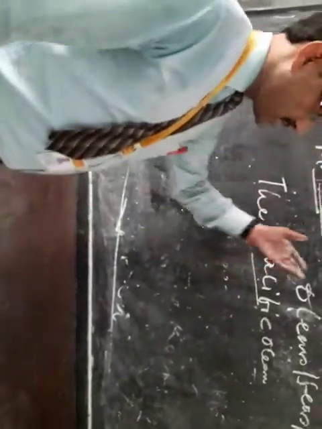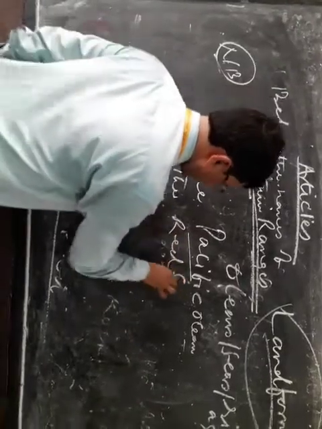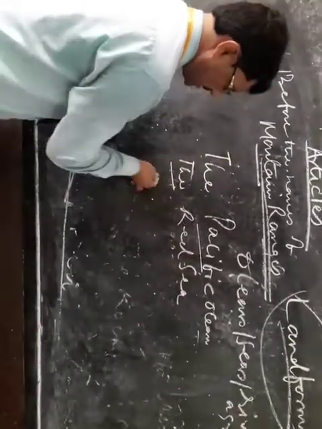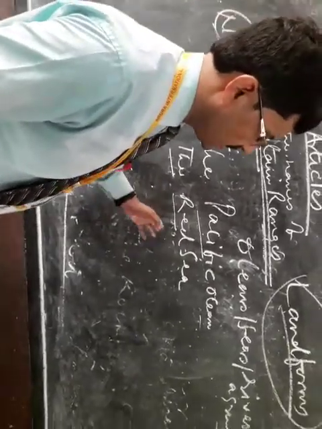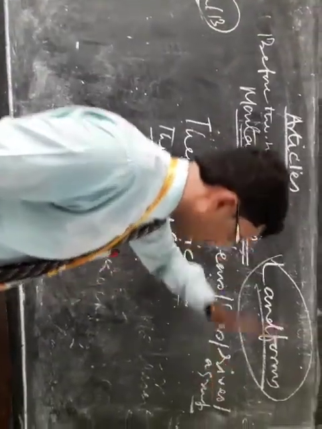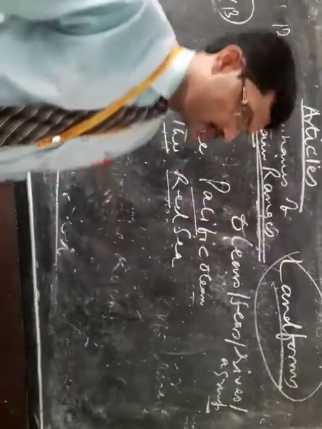So, oceans, seas, rivers, groups of islands. You can use the before sea names: the Red Sea, the Mediterranean Sea, the Dead Sea. Then come rivers: the Ganga, the Yamuna, the Thames, like that.